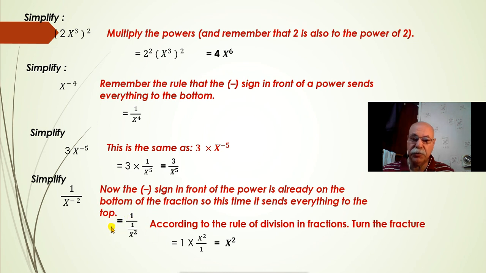After that we change it to a multiplication of fractions with the rule of multiplying fractions. Change this fraction line to multiplication and turn the fraction upside down: x squared times 5. Now this one cancels with this one, and this becomes x squared.